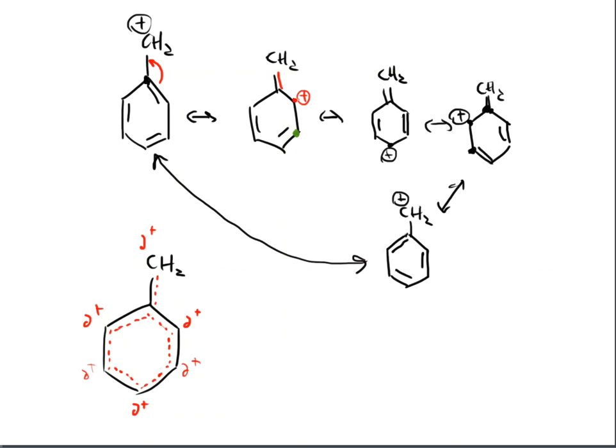So here is the resonance hybrid for all of the resonance forms that begin to happen on this molecule. No one said this is pretty, and no one said that this was going to be easy, but it's going to be my job to make it as easy as possible for you.